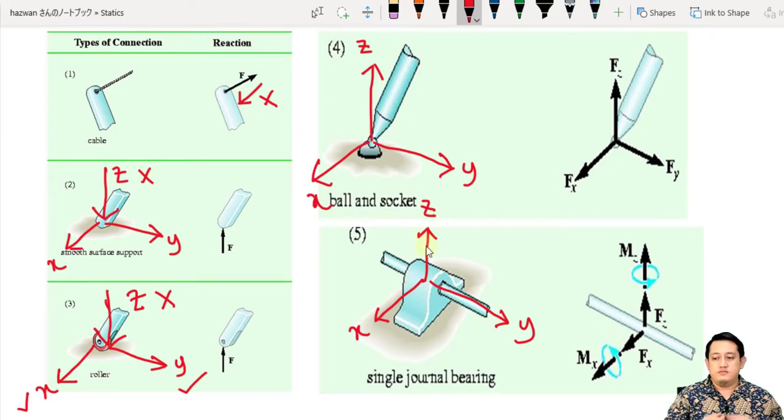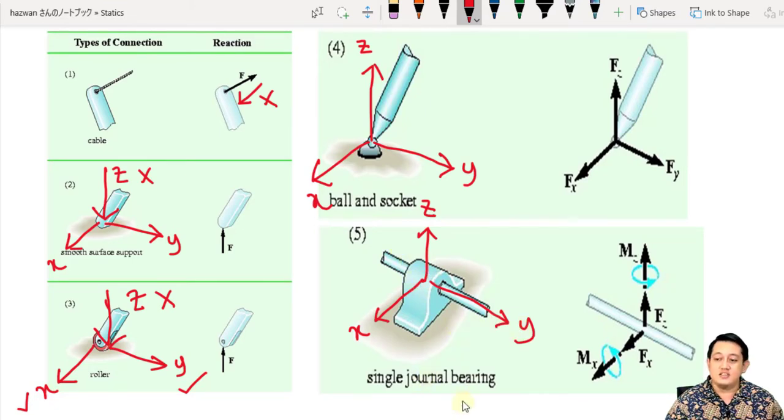What about the Z direction? Can we push it upwards or downwards? Cannot. So cannot means we have reaction force Fz. What about the Y direction? Can we move this rod in the Y direction? The answer is yes.